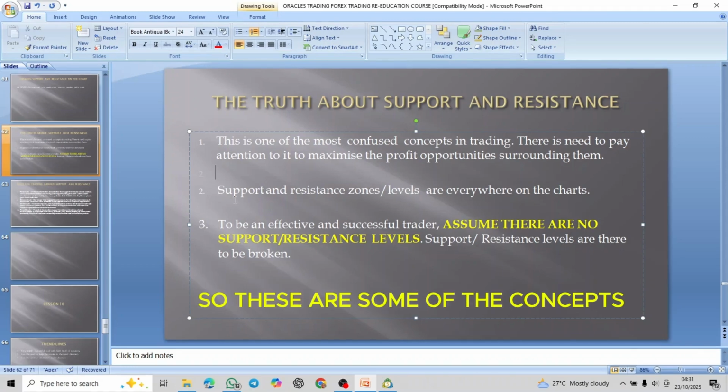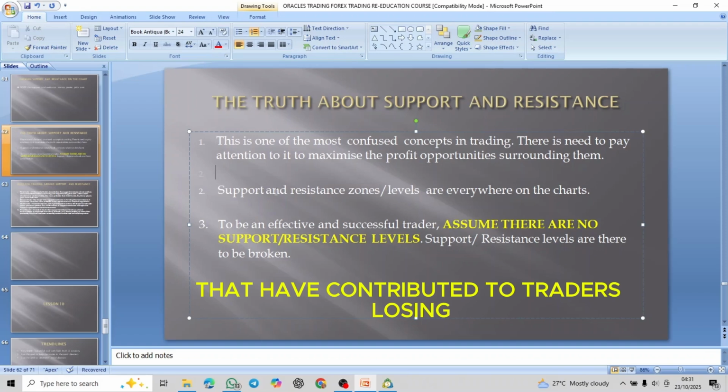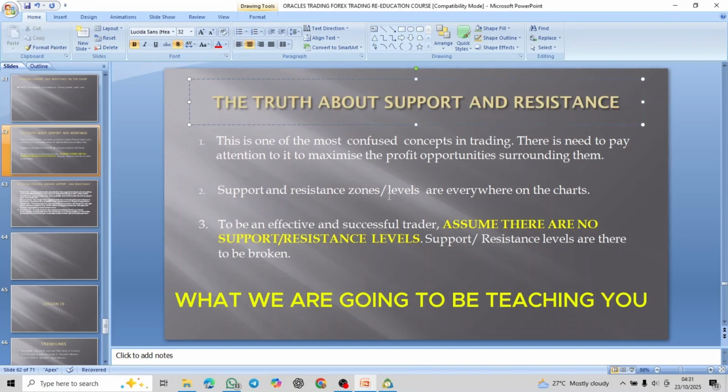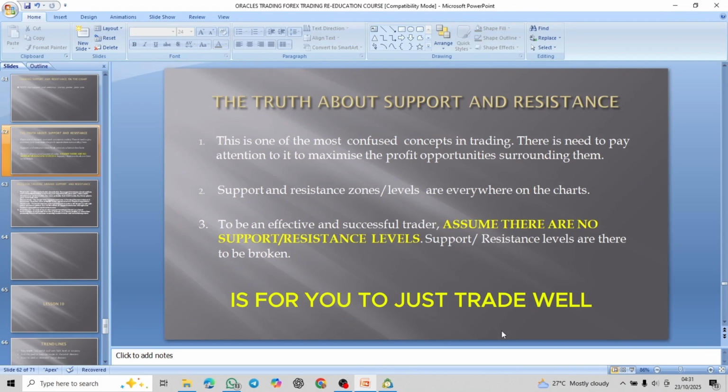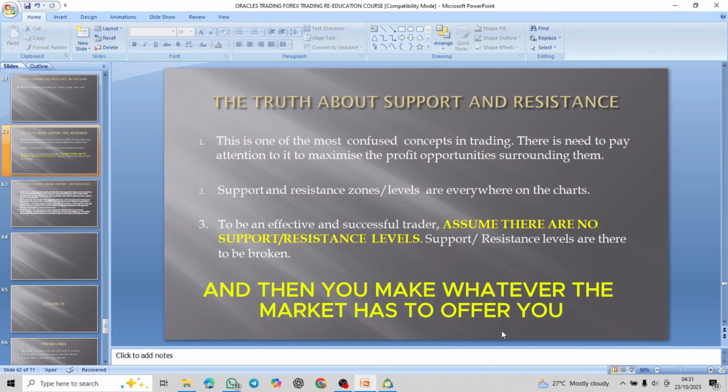So these are some of the concepts that have contributed to traders losing. What we are going to be teaching you is for you to just trade well, just trade good, and then you make whatever the market has to offer you.